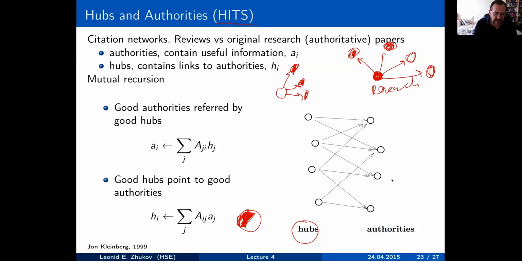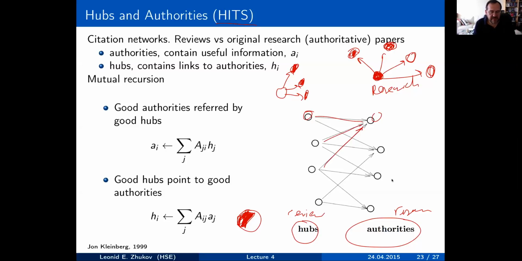So, speaking in terms of the language Kleinberg proposed, he called the research papers authorities, right? And the review papers, these are hubs. So this is research and review. And what he's saying is that reviews point to good research papers, right?